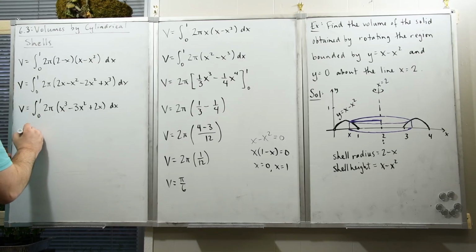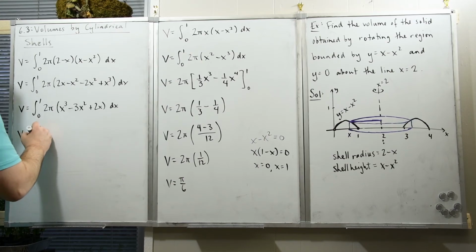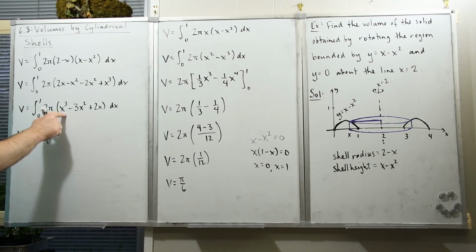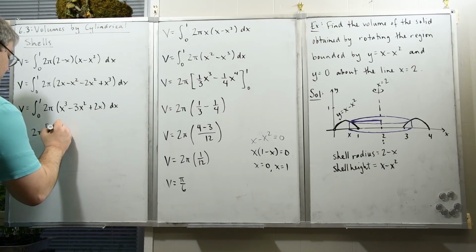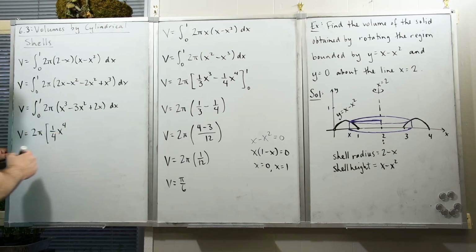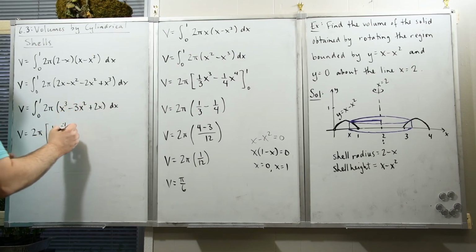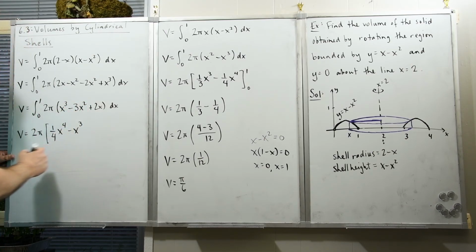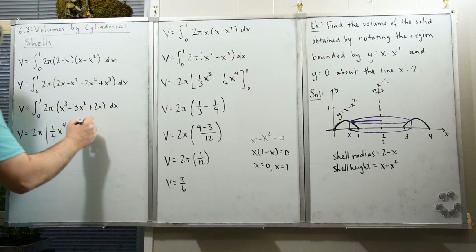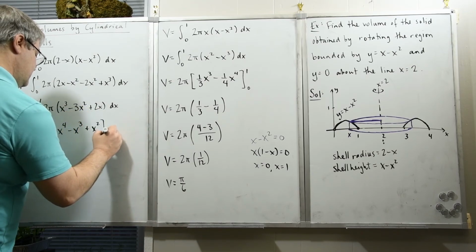Now when we go to integrate, we'll have our 2 pi times, and then integrate the x cubed, you get 1/4 x to the 4th. Integrate your negative 3x squared, you get a negative x cubed. Integrate your 2x, you get x squared.